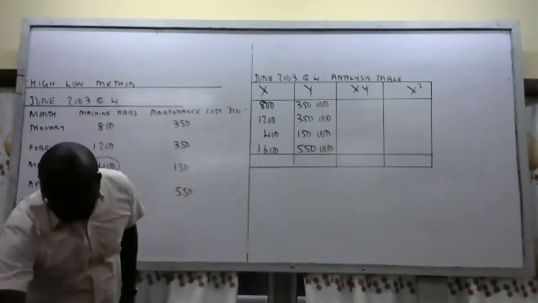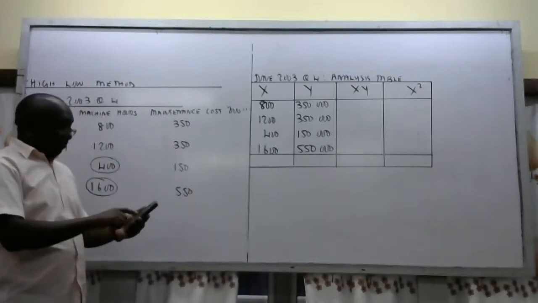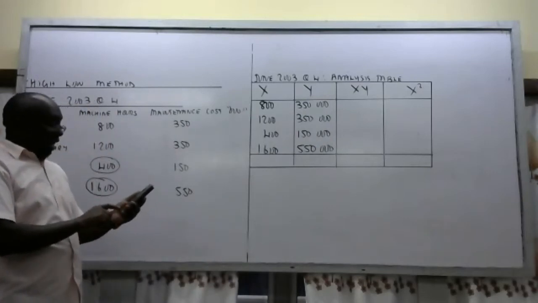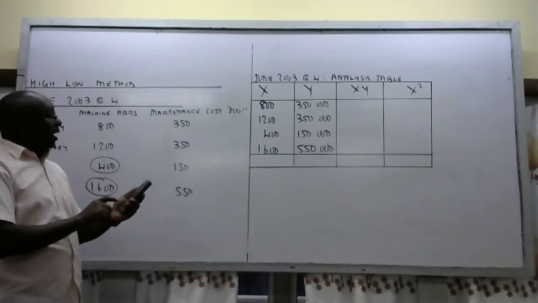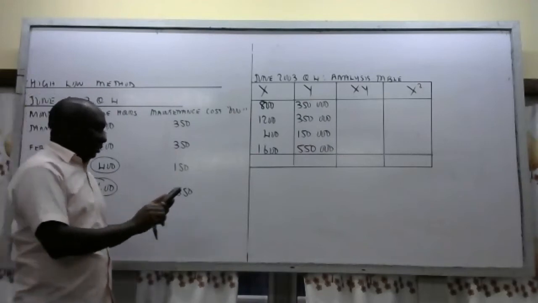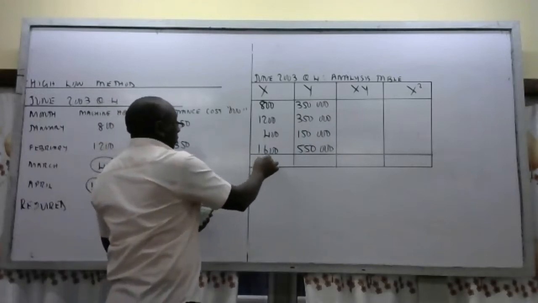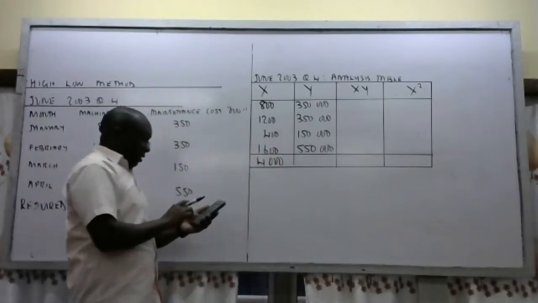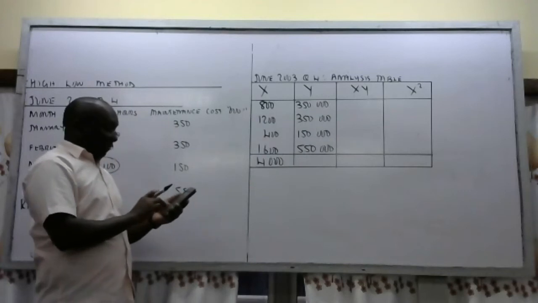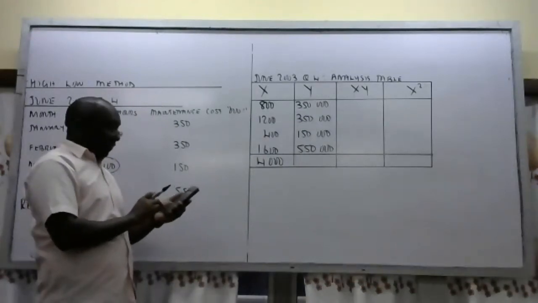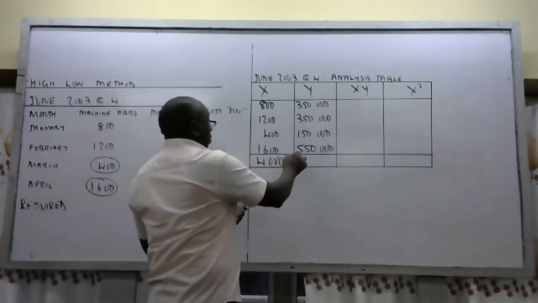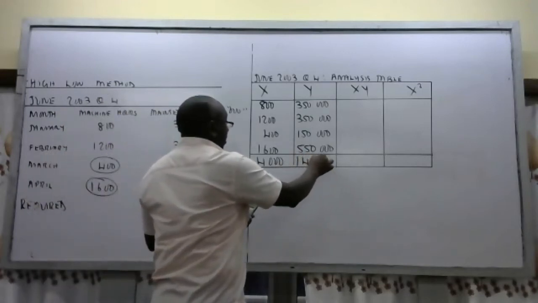Then you take your calculator and start the workings: 800 plus 1,200 plus 400 plus 1,600 is 4,000. 350 plus 350 plus 150 plus 550 is 1,400,000.